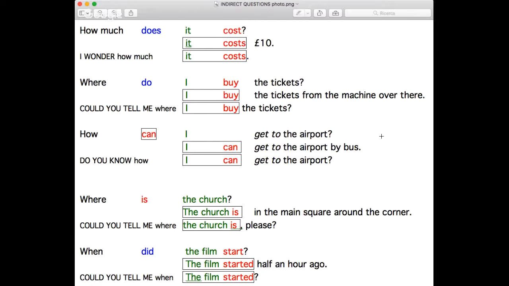And so also in the indirect question, it's I wonder how much it costs. Just as in the simple past, the question was, when did the film start? Did indicating the simple past. And then the film started half an hour ago. So as a consequence, could you tell me when the film started?